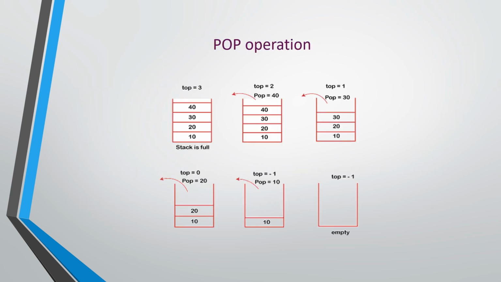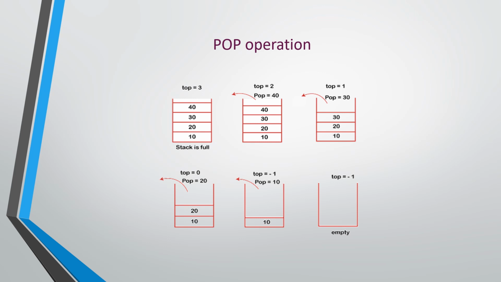And this diagram is representing the pop operation. Initially we have 4 elements in the stack and top is 3. Once we pop the element, as we know, last in first out, the last element, 40, will be popped out first, and next 30. The top pointer will be decremented by 1 each time we do a pop operation.